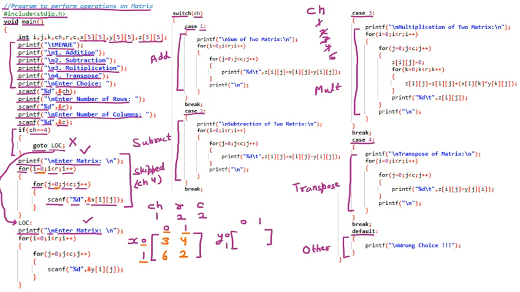Again a similar thing, for i is equal to 0 to less than R, which is 2, so 0 and 1 will run, and for j is equal to 0, j less than C, that means j from 0 to 1 will run. Scanf, asking the user for the value, %d integer value, at the address of y[i][j].